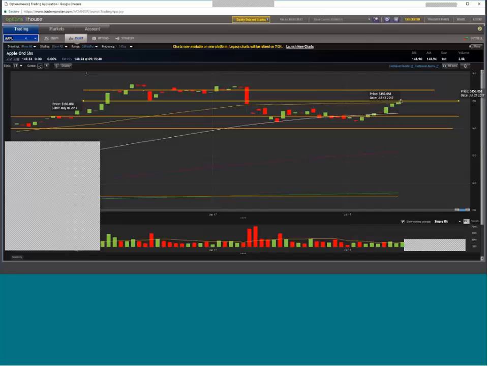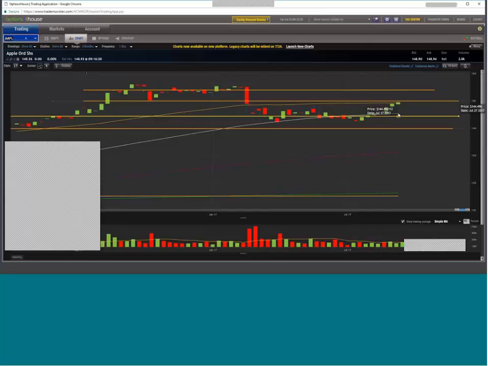With a down market, Apple could very well fail at this resistance level. And if so, it could pull back to around this 100-day moving average. And this flat line, it's around 144.5.